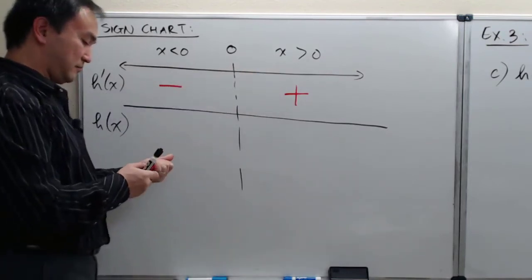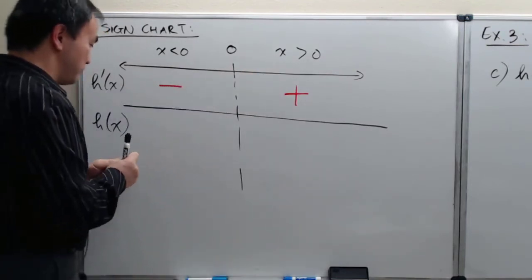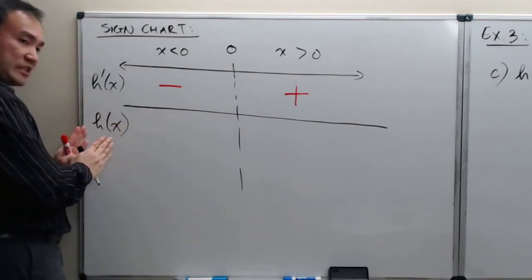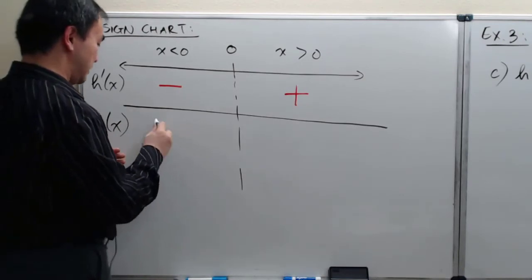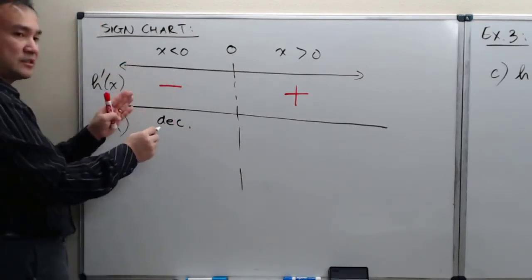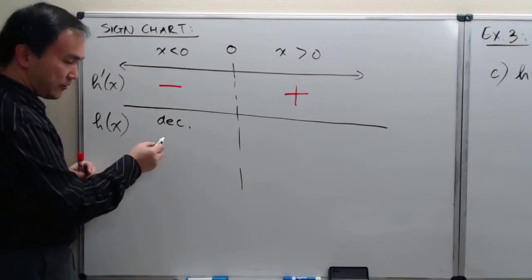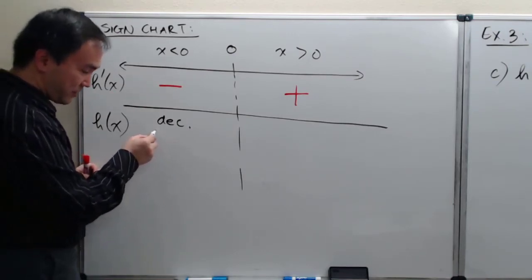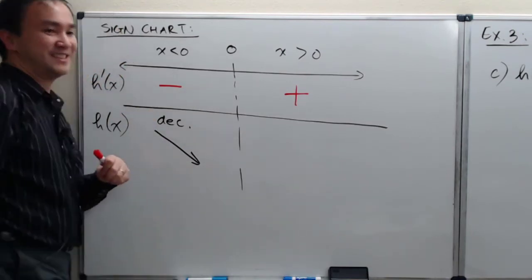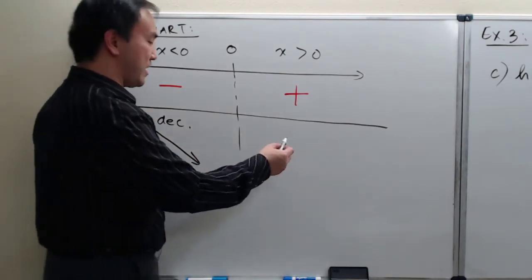And so that consequently led us to the conclusion that our function itself, h of x, was decreasing in this interval for x less than 0. And so now with the arrow notation, I'm drawing this arrow that's dropping from the left to the right, falling. Okay, and so now same way, similar arguments.